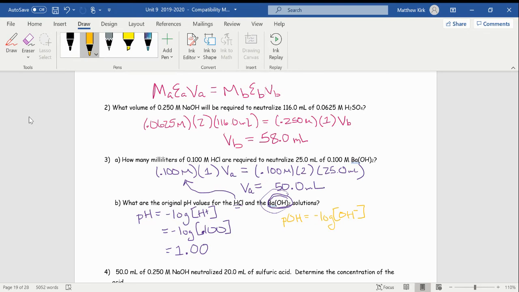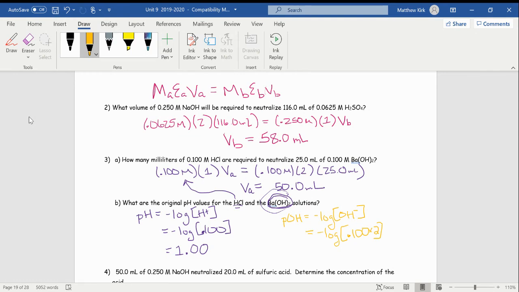And we have that. So I'm going to go, okay, it's my negative log of 0.100. And at this point, some of you might be screaming at the computer. This is one of those things we struggle with. There are 2 OHs there. So if we have a subscript and we're trying to get pOH or pH, we have to multiply our concentration by that subscript.